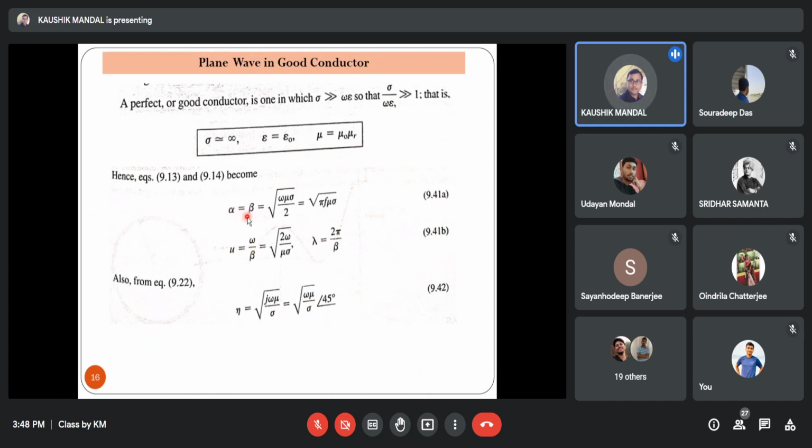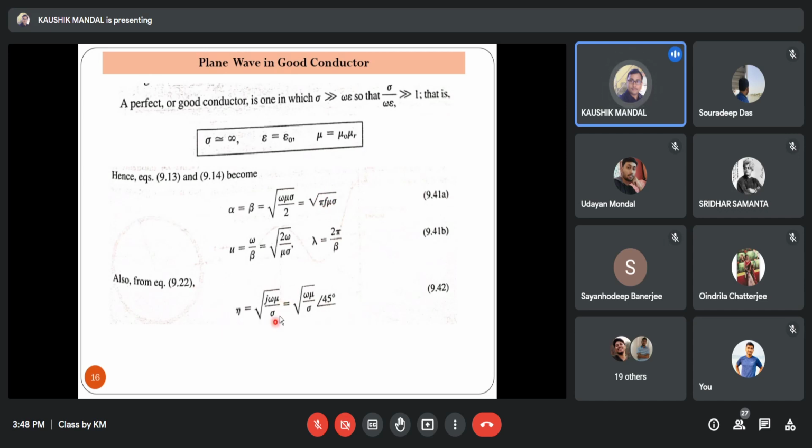So if you calculate alpha and beta from the basic equations, it becomes root of omega mu sigma by 2. Now in place of omega, you can put 2 pi f. If you put omega equals 2 pi f, it becomes root of pi f mu sigma.